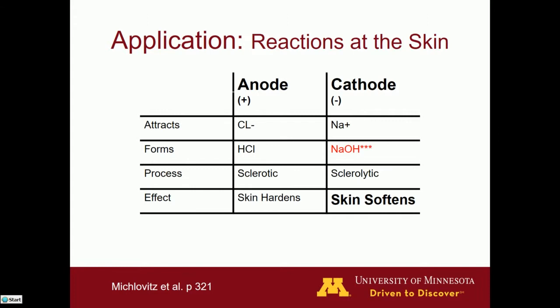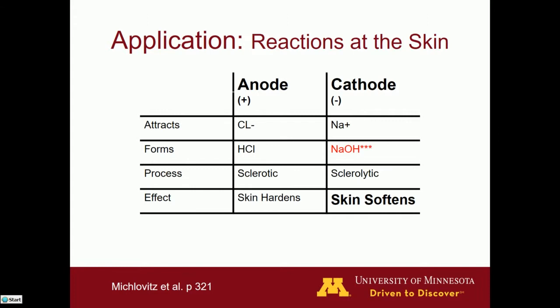Under the cathode column, you'll see that the cathode attracts the positive charged sodium and combines it with the OH from water, forming caustic sodium hydroxide, which is alkaline and sclerolytic in nature. I wrote that twice. I apologize for my mispronunciation there.